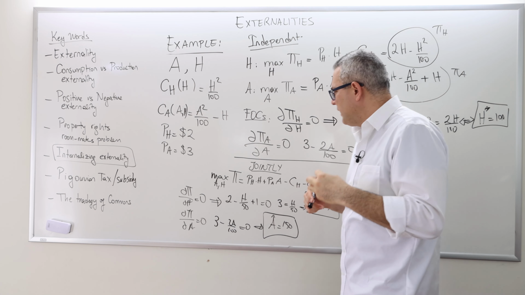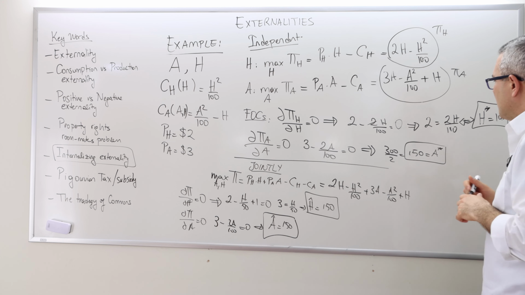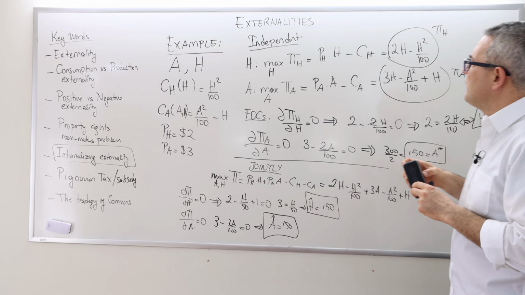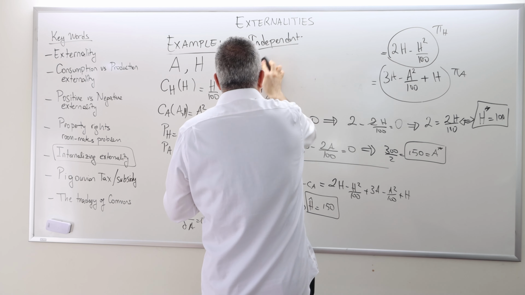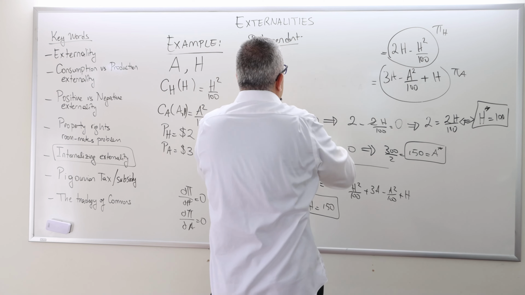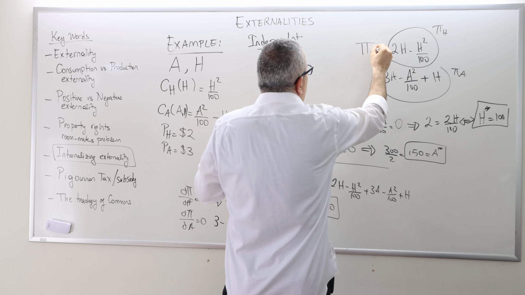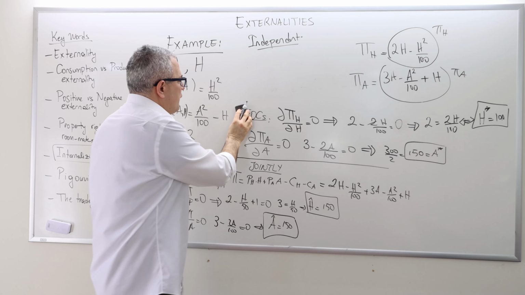That's what we care about when we say this is inefficient and this is efficient. So let's leave the profit functions as follows. So let's erase this. So this is basically pi h, and this is pi a, the profit of the firms.